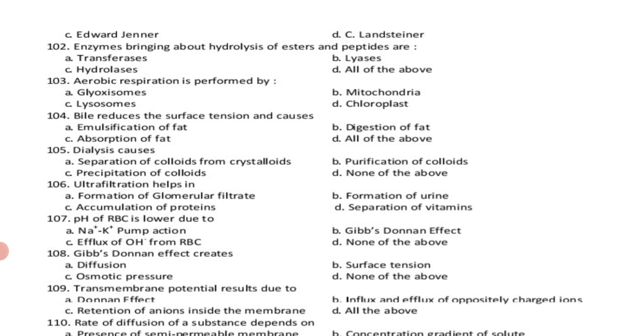Then question number 106, ultrafiltration helps in. Ultrafiltration helps in the formation of glomerular filtrate. Option A is the answer to this question. Ultrafiltration is a membrane filtration technique used to remove dissolved and colloidal material.